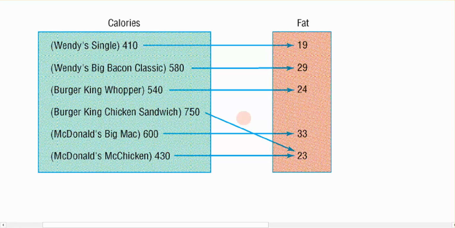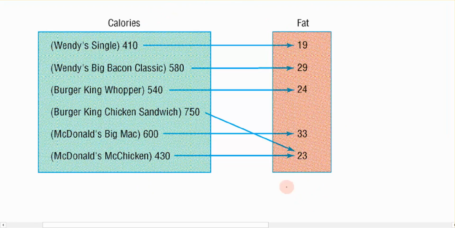So first, let's define which of these two categories here is the domain and which is the range. Now remember that the range is going to be dependent upon the domain. So I can see that the fat content in a hamburger, which is what I'm looking at, a series of hamburgers here and their fat contents, the fat grams is dependent upon the number of calories that are in the sandwich.